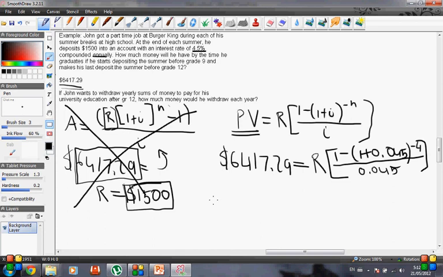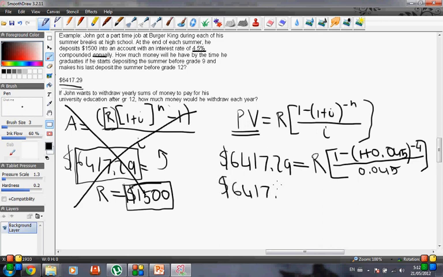So I'm going to put that into my calculator here. You guys can follow along. So we have 1.045 to the power of negative 4. It's approximately 0.83. Subtract that from 1 and divide by 0.045. And I get an approximate value. Again, it's an approximation.